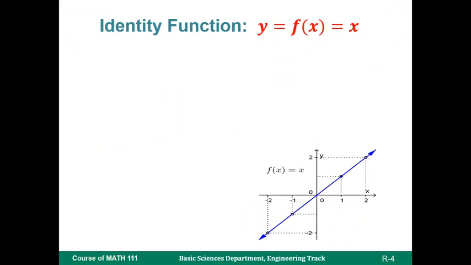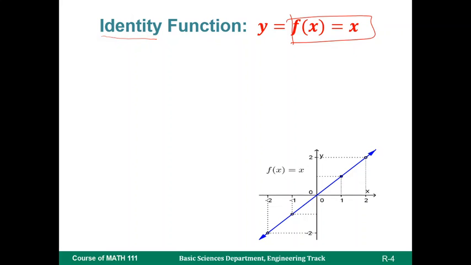And let's look at this function. We call this function the identity function. It's f of x equals x. This name is coming from one property, but we will not discuss it now. It's not for this section, but we will see it in the inverse function section.